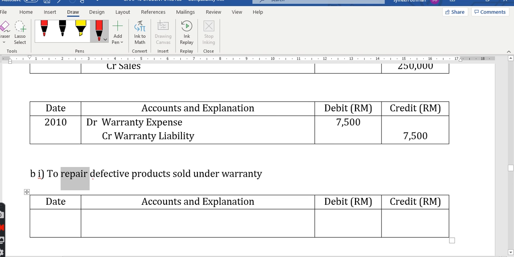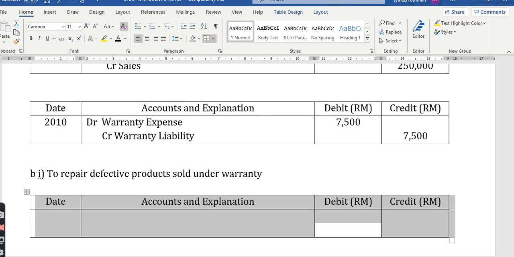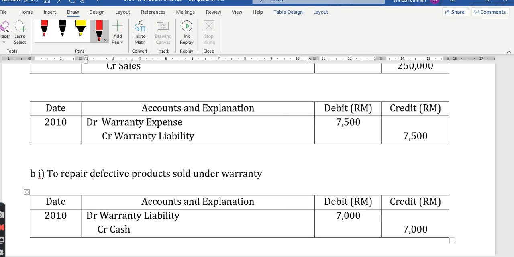I will debit warranty liability, because earlier you credited warranty liability.